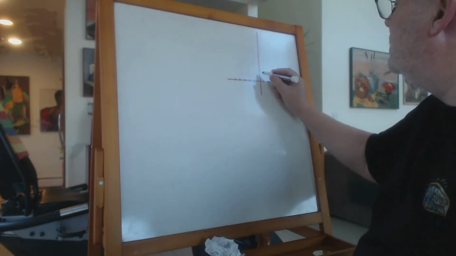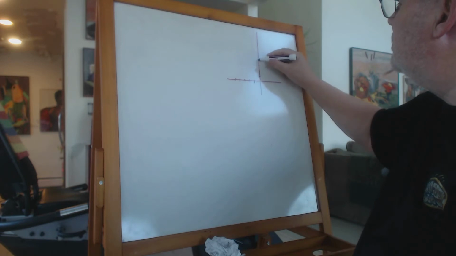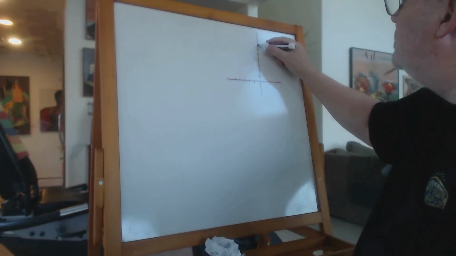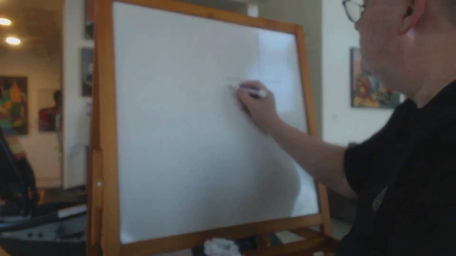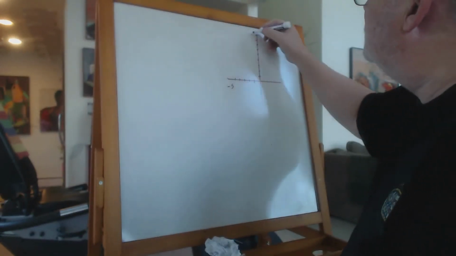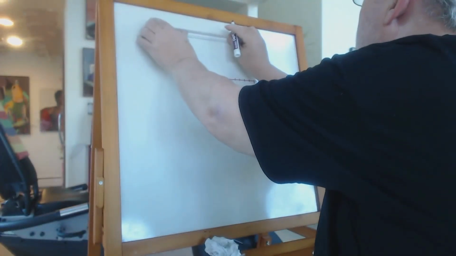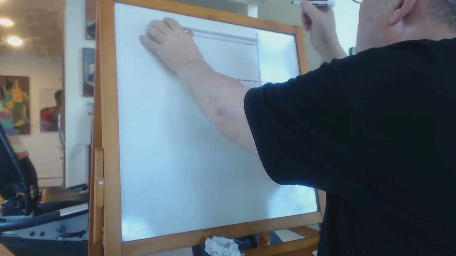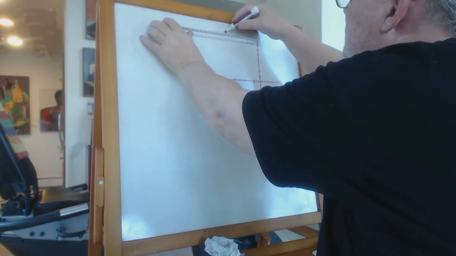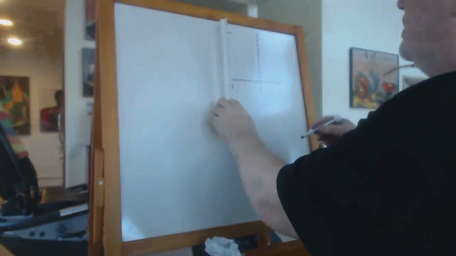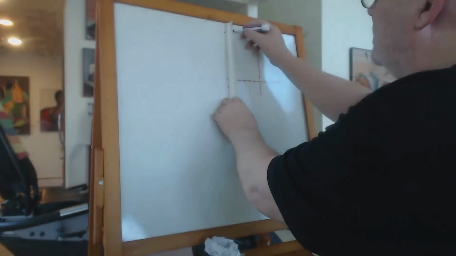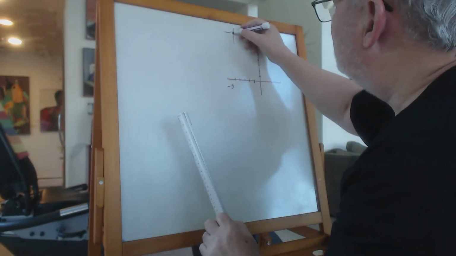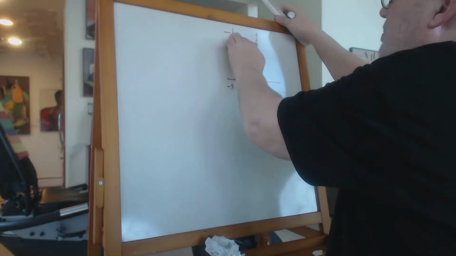And 1, 2, 3, 4, 5, 7, 8, 9. So this is minus 5, and we want 0.866, so we can say it's approximately 0.866, somewhere there. So this is our point.